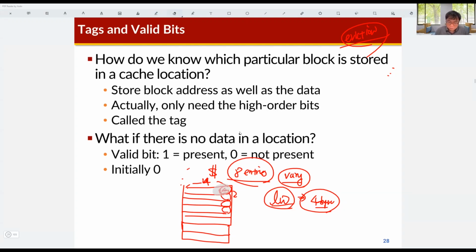So usually the size of a single cache entry is larger than the data unit requested by load instructions. In Intel processors, the cache entry size is usually 64 bytes.